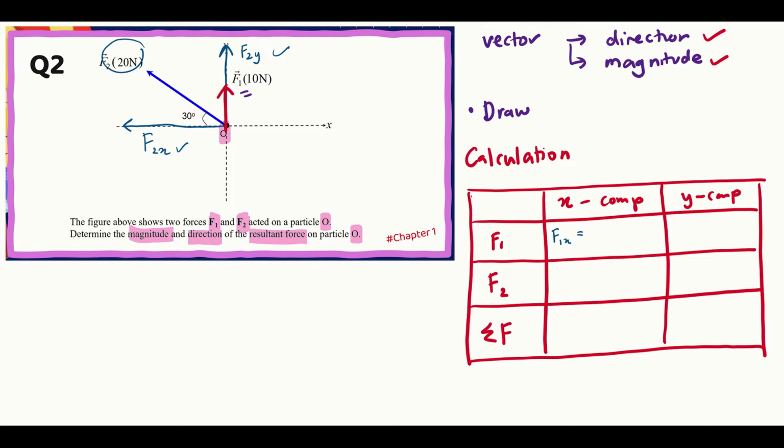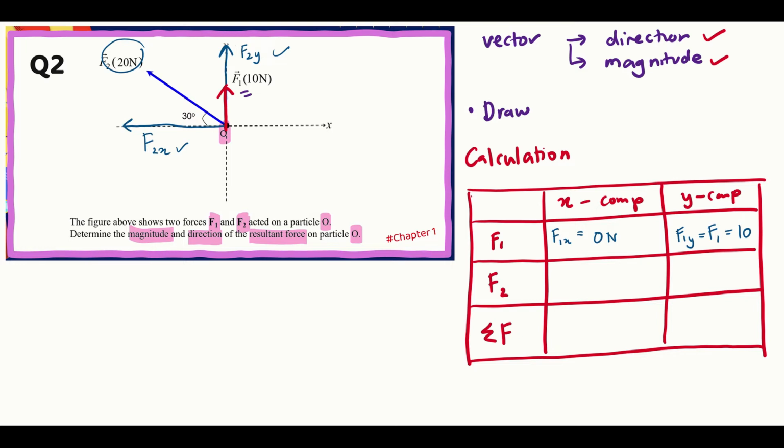F1x is equal to 0, as we don't have any force along the x-axis from F1, and F1y is equal to F1, which is 10 Newton.